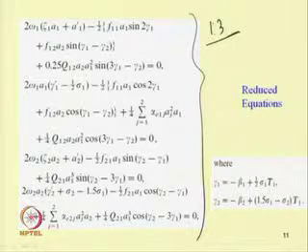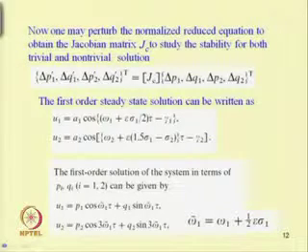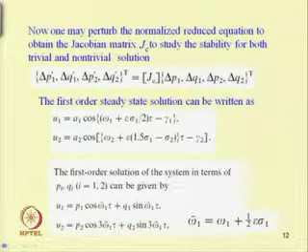For steady state, we put a 1 dash, gamma 1 dash, a 2 dash and gamma 2 dash equal to 0, and one will obtain 4 algebraic or transcendental equations.